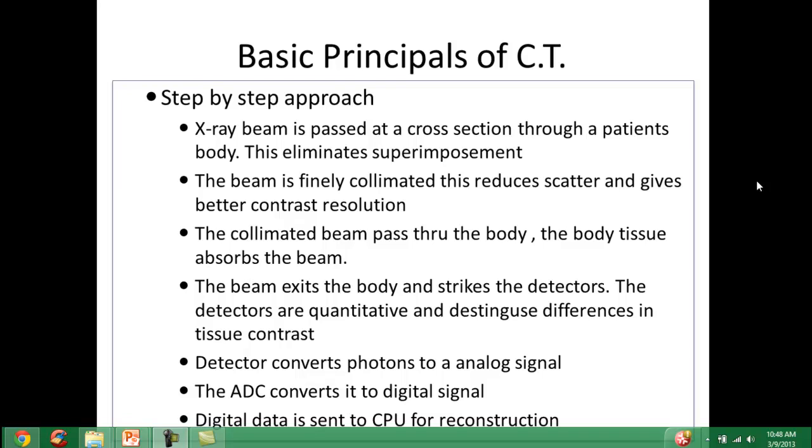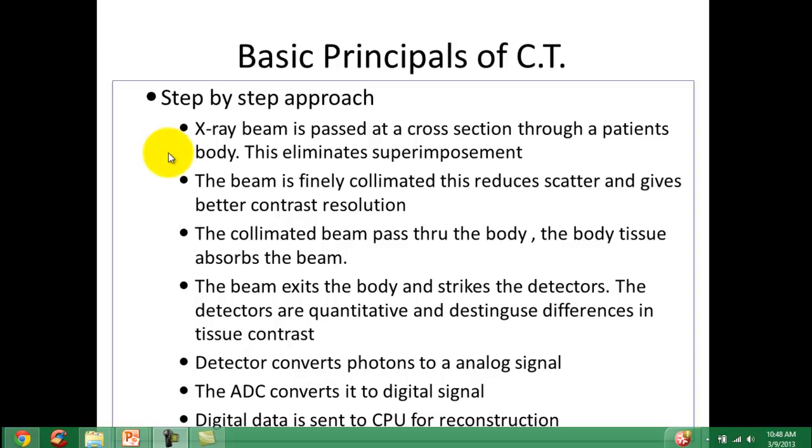So, if we take the basic principles of CT and go over them step by step, you'll see, at least at the very beginning, it sounds a lot like regular X-ray, because it is. At the beginning, our X-ray beams pass through, well, in this case, a cross-section of a patient's body, and we are still going to be collecting attenuation data, except instead of via a screen film and the changing of clumps of silver, we're going to have these signals coming out of the patient, photons, and they will be collected by a set of detectors.